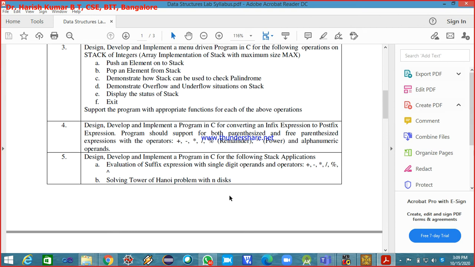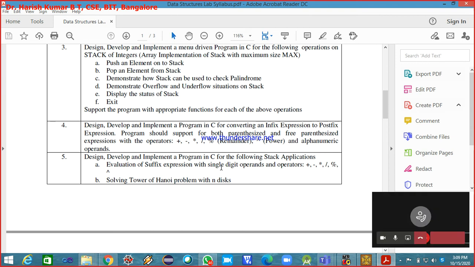Design, develop and implement a program in C for the following stack applications. First one is evaluation of a suffix expression with single digit operands and operators plus, minus, multiply, divide, modulus and exponentiation.